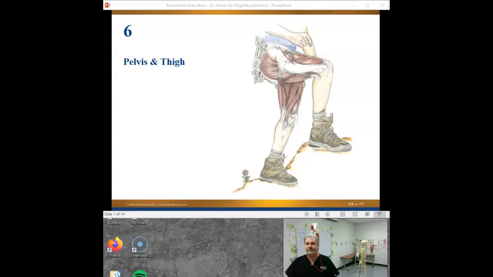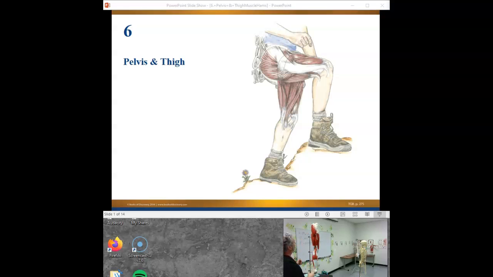All right. So, let's review. Miss Cooper, what are the three hamstrings? The biceps femoris, the semitendinosus, and the semimembranosus. Awesome. How many heads does the biceps femoris have? Two.